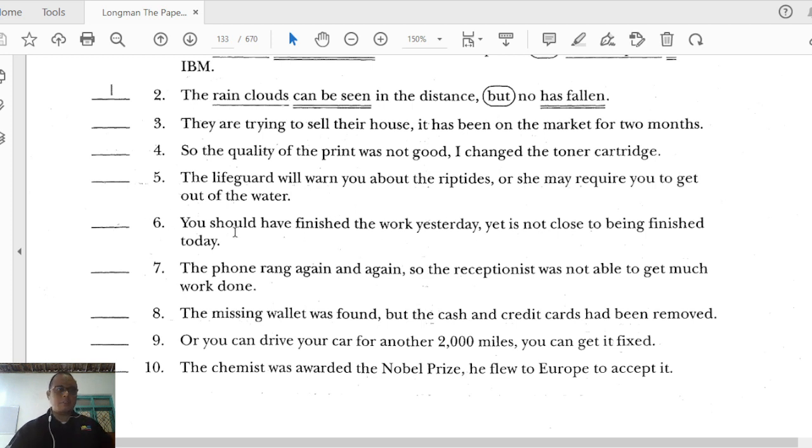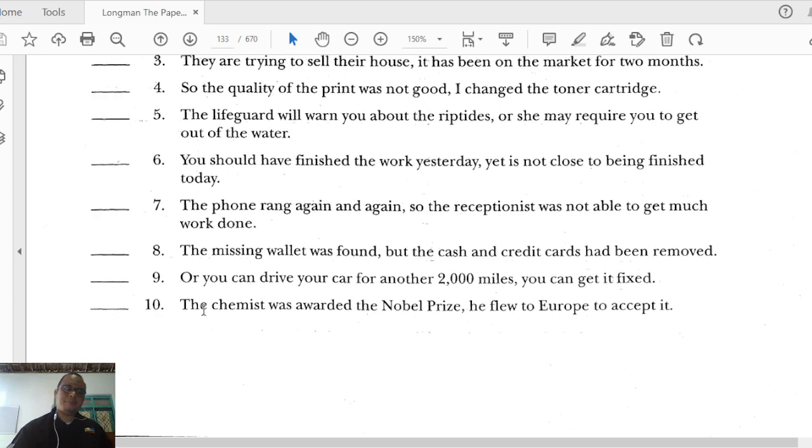Number 6 is incorrect. The phone rang again and again, so the receptionist was not able to get much work done. Correct, yeah. The phone, subject, rang, verb. So the receptionist, subject, was not able, verb, yeah. Yeah, this is correct. Number 7.